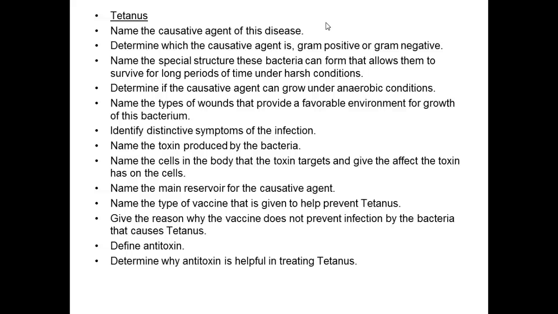The endospores, right? Endospores. Can they grow anaerobically? Yes, right? So what's the type of wounds that provide a favorable environment for this organism? Puncture wounds are the major ones, right? As well as burns or contusions. But puncture wounds are usually the ones we worry about the most.